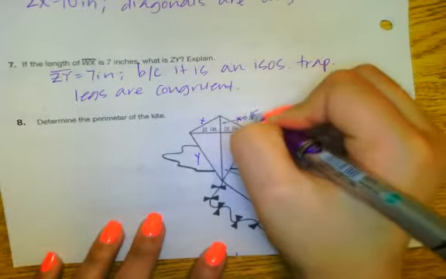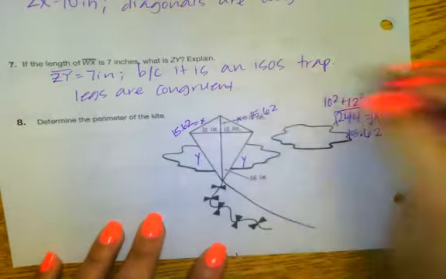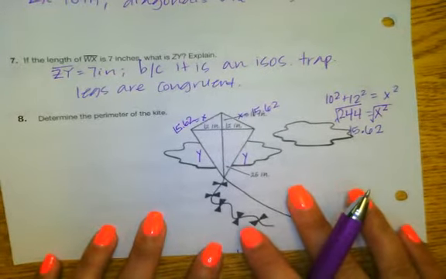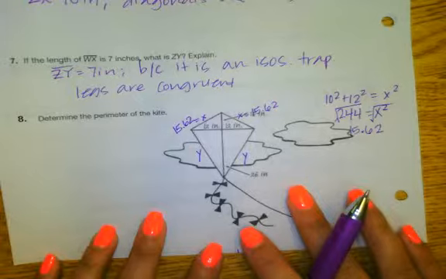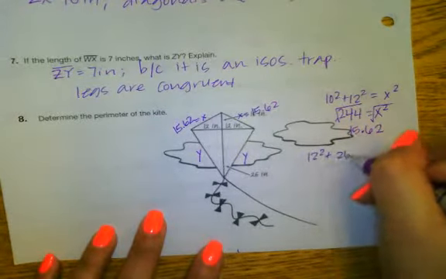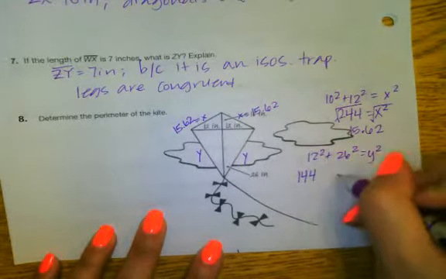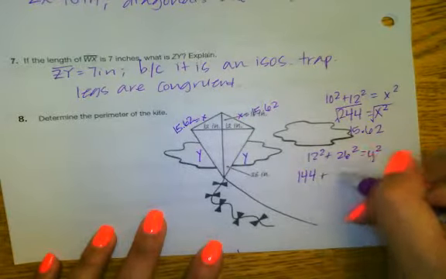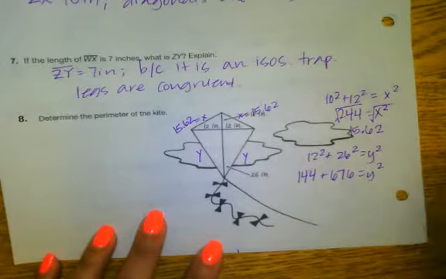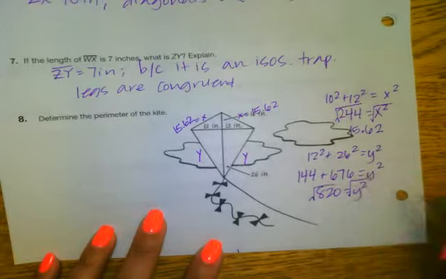You'll have one of these, I think, on your skills check or your test, one of them. Okay, how do we figure out y? Very good. Pythagorean theorem. I don't know, is it 576? 676? 28.64.